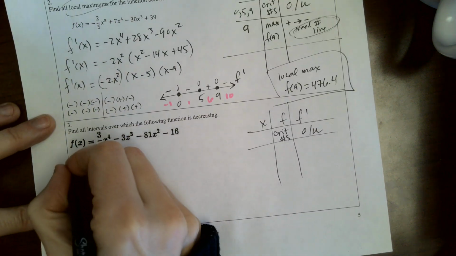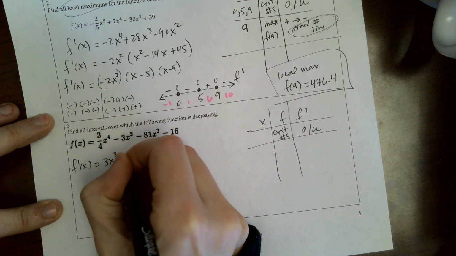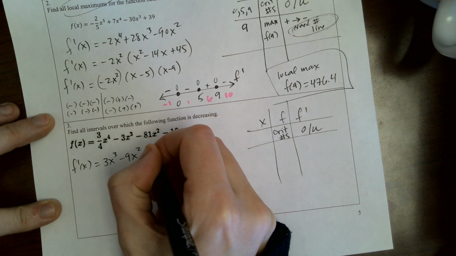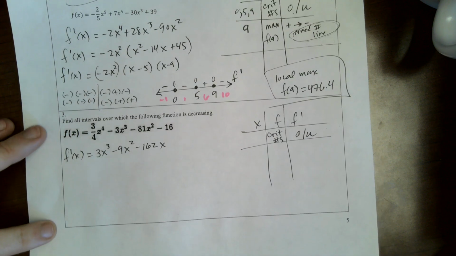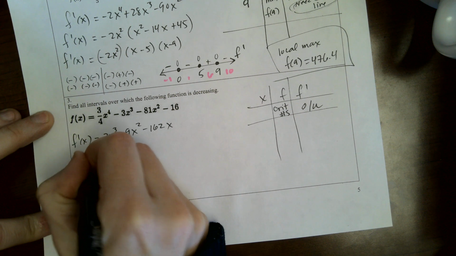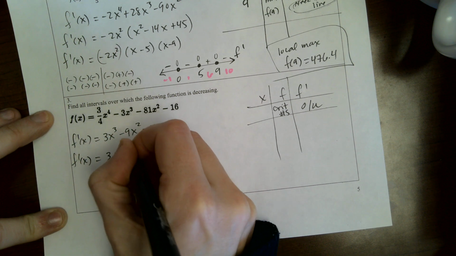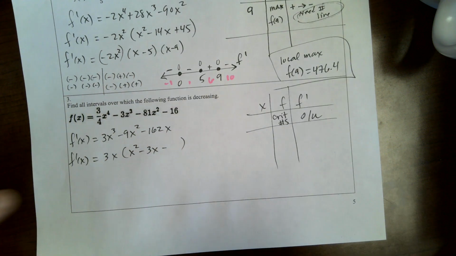Okay, so let me find them. f prime of x is 3x... shoot, what is that?